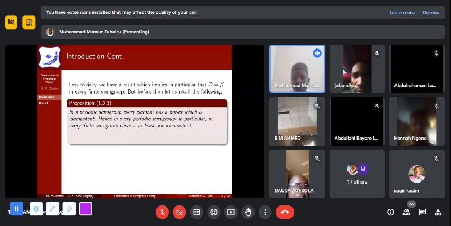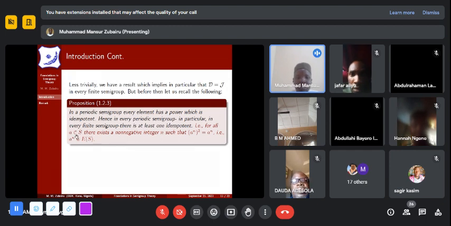But before then, let us recall the following proposition. This proposition has been discussed in some of our previous lectures. That is, in a periodic semigroup, every element has a power which is an idempotent. Hence, in every periodic semigroup, in particular, in every finite semigroup, there is at least one idempotent. I.e., what does that mean?